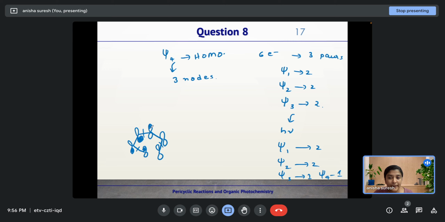Next node will be here. And the next node will be here. So this is the psi 4 orbital, which is HOMO of hexatriene under photochemical condition.